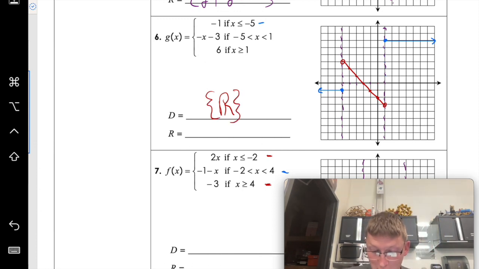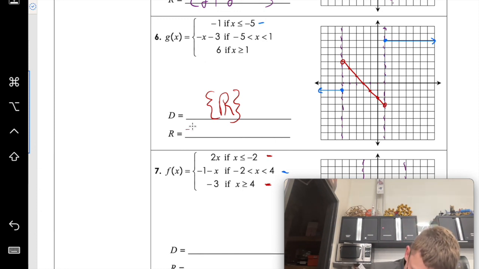So then our range is going to be a little bit more interesting. If we start from the bottom, okay, these don't cross. It starts crossing right here, but it doesn't include this value, which is 1, 2, 3, y equals -3. So we can write from -3.